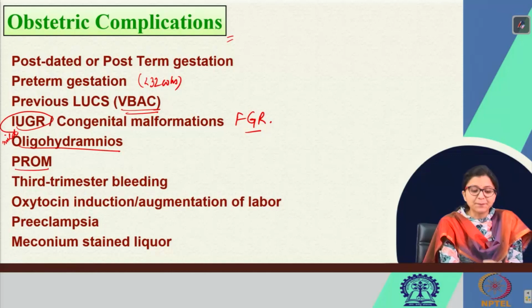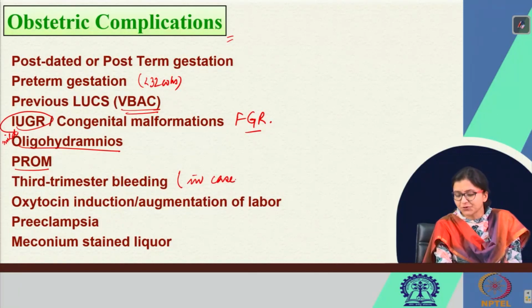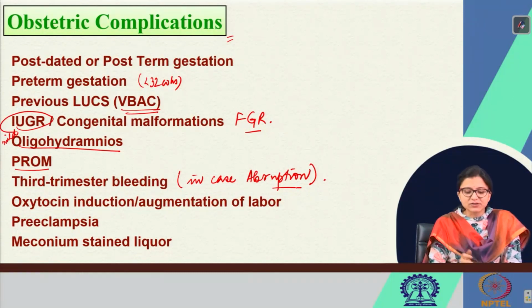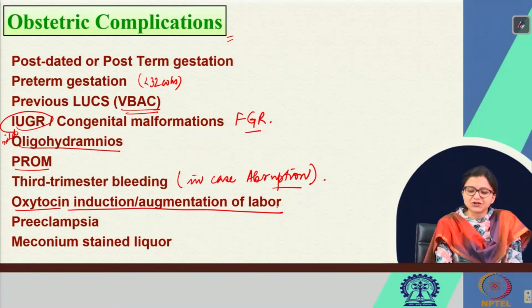PROM, meaning pre-labor rupture of membranes. Third trimester bleeding in any form, in case of abruption; not placenta previa, because in that case also you will have to go for cesarean section. So, in case of abruption, or oxytocin used for induction or augmentation of labor.